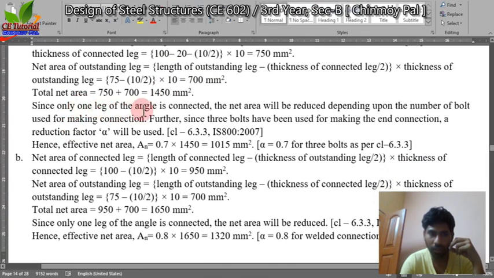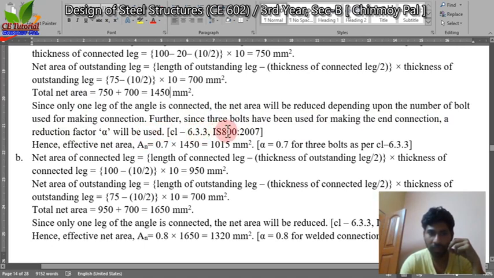Since only one leg of the angle is connected, net area will be reduced depending upon the number of bolts used for making the connection. Further, since 3 bolts have been used for making the end connection, a reduction factor alpha will be used.